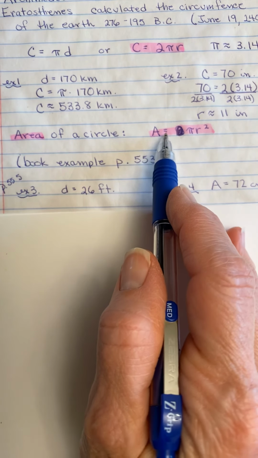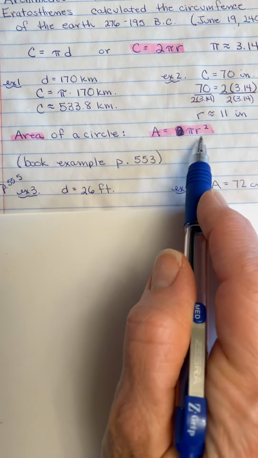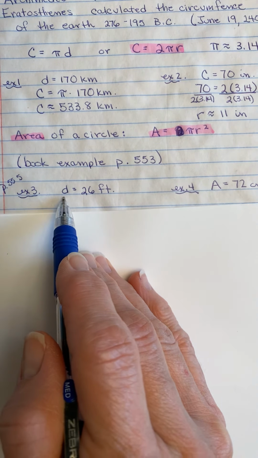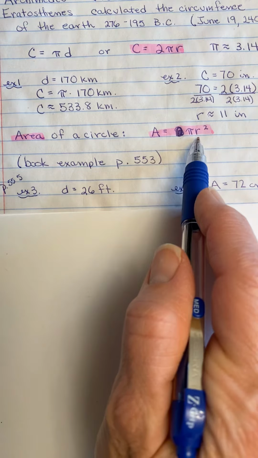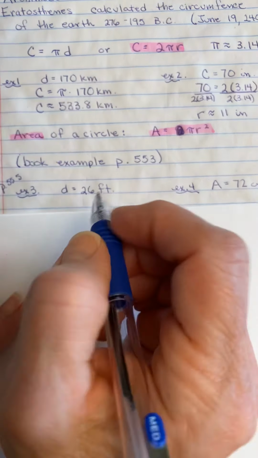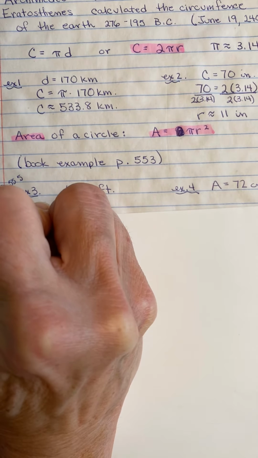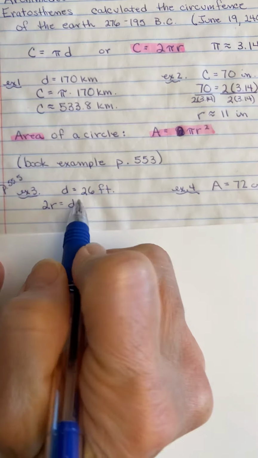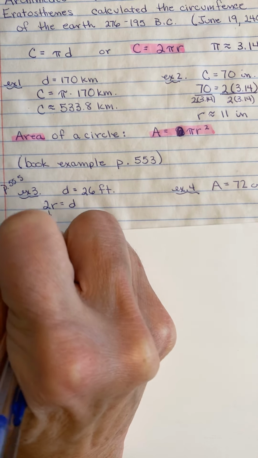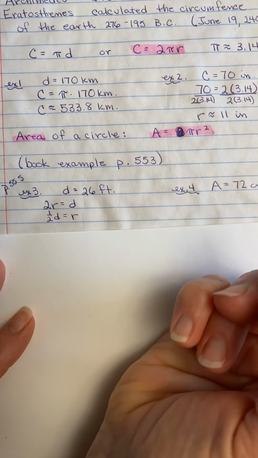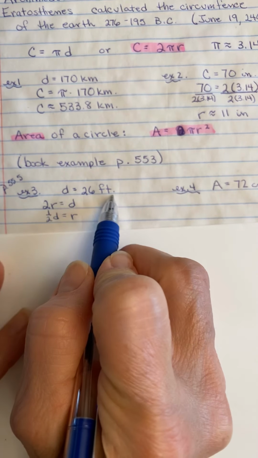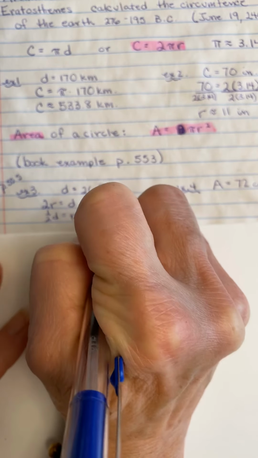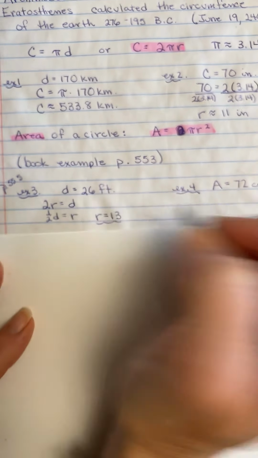Well, we only have one area formula, and it involves an R. It does not involve a D. So from the D, we need to find out what R would be. Well, we know that twice R is equal to D, or half of the D would give us the radius. So if the diameter is 26, the radius would be half that, or R is going to be 13.